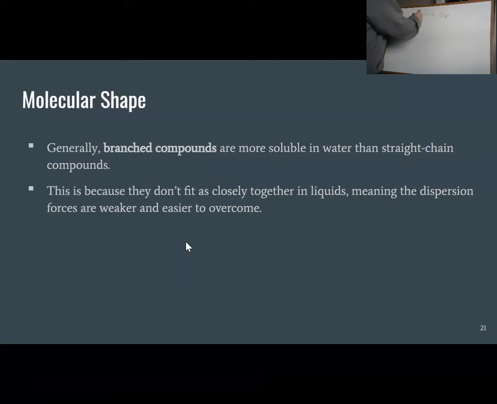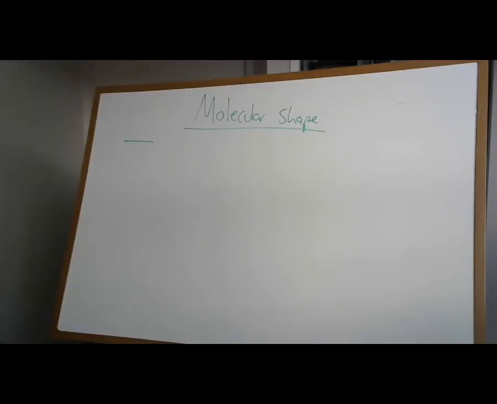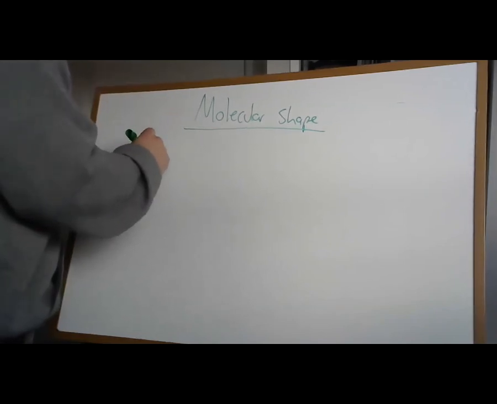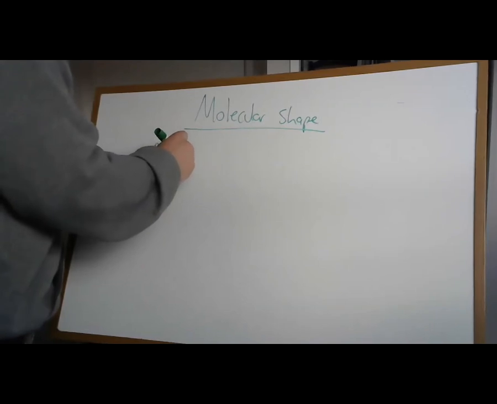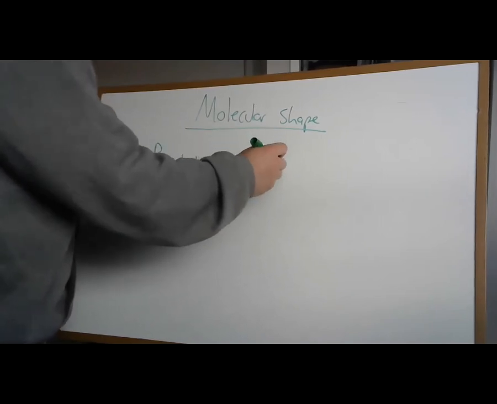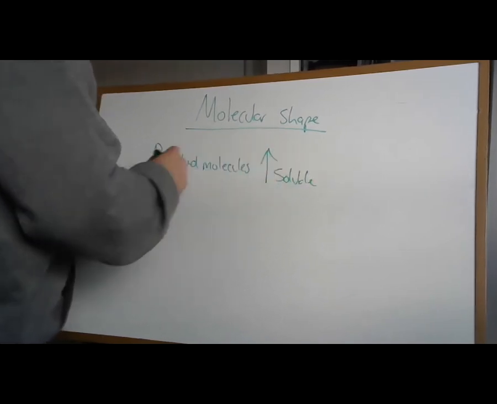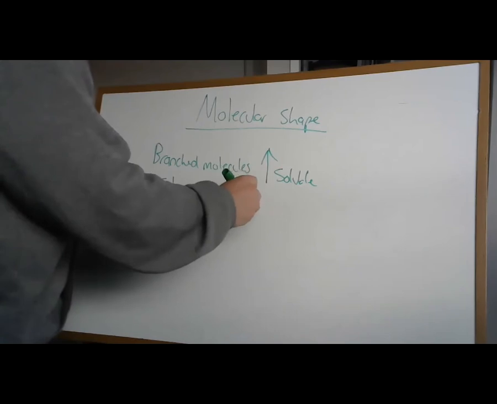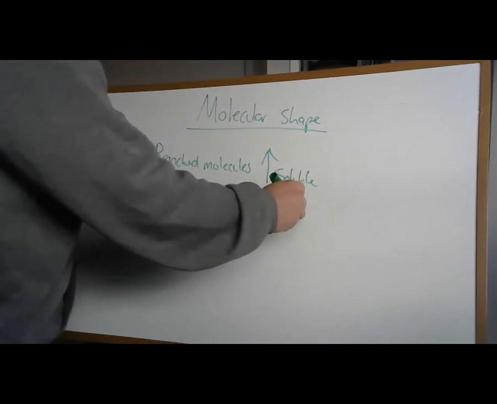We saw with boiling point that straight chain molecules had a higher boiling point than branched. Whereas branched molecules are more soluble, straight chain less soluble.